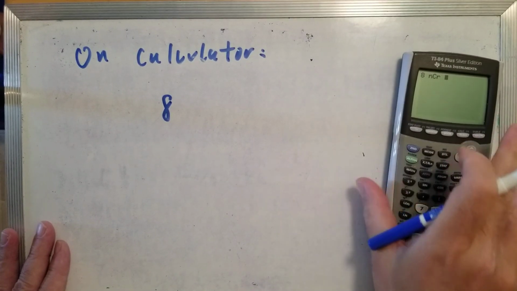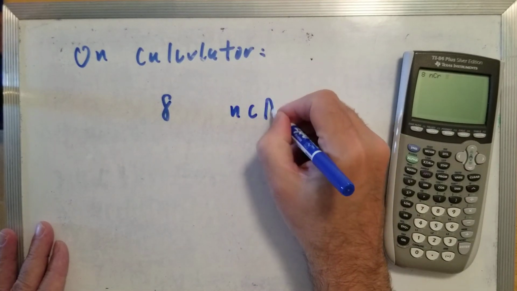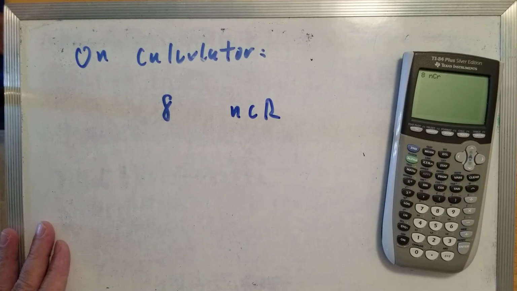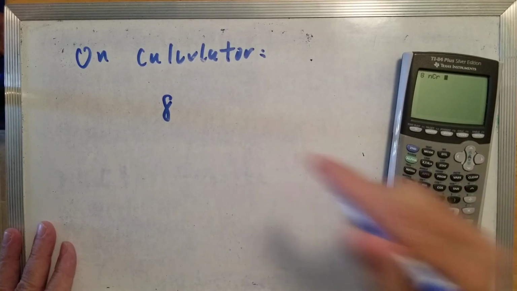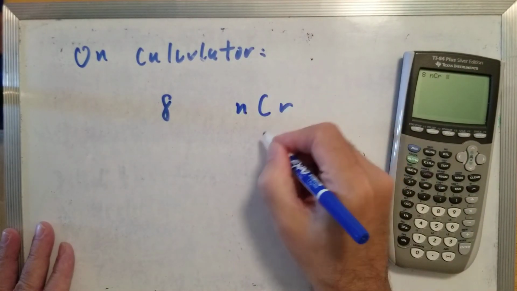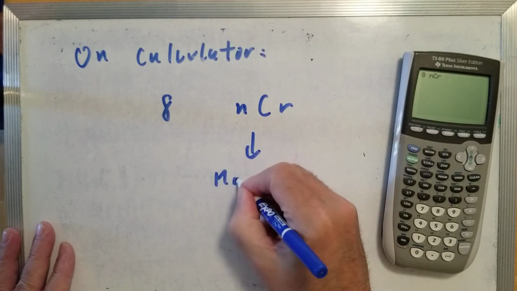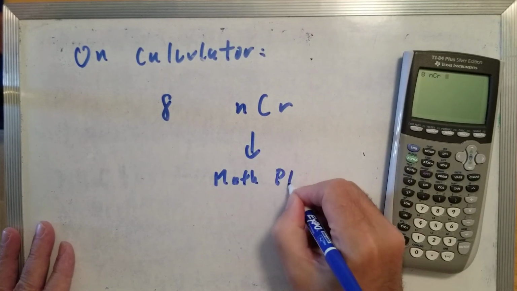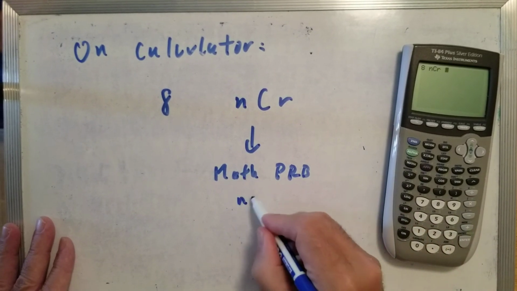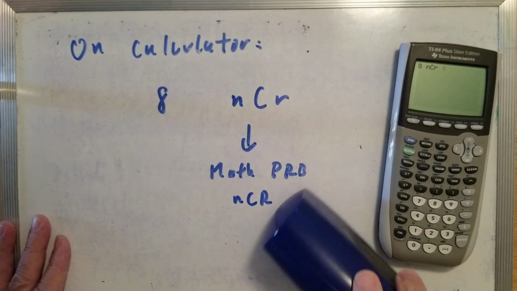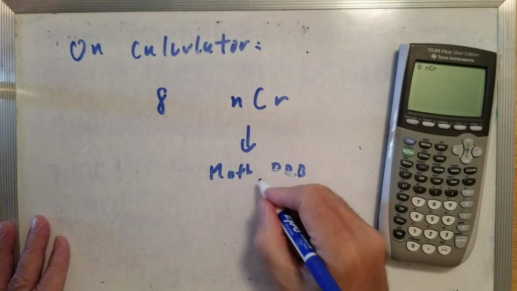Math PRB nCr, and I think that was the third item on the menu.